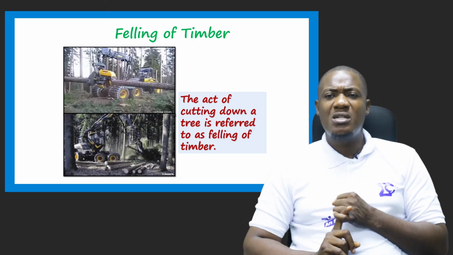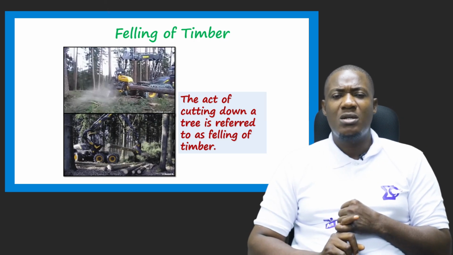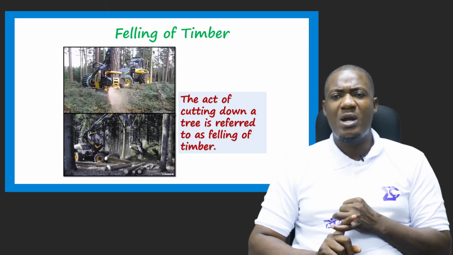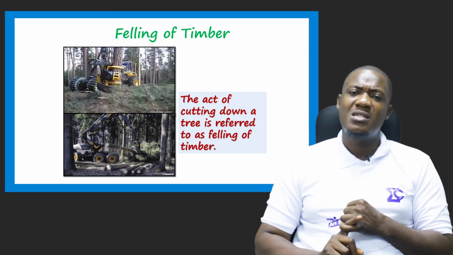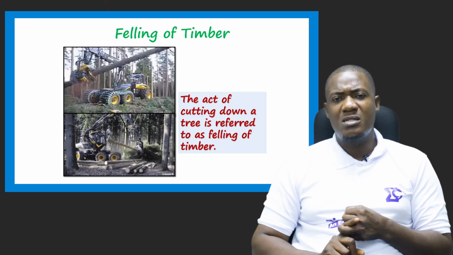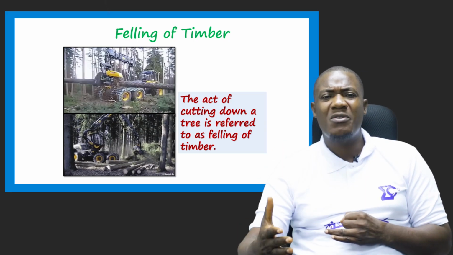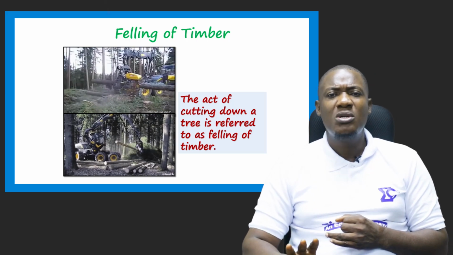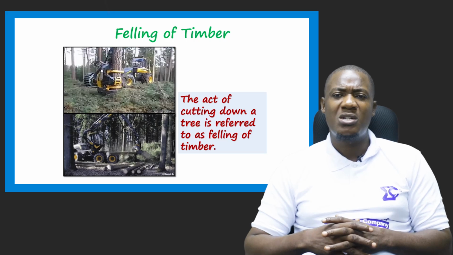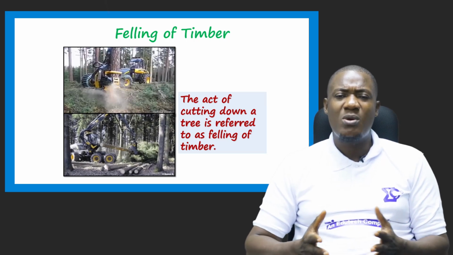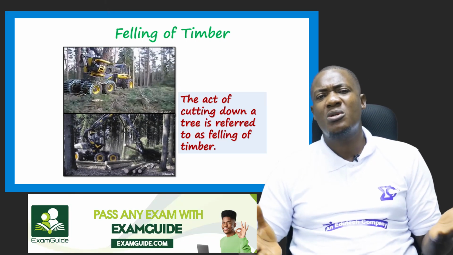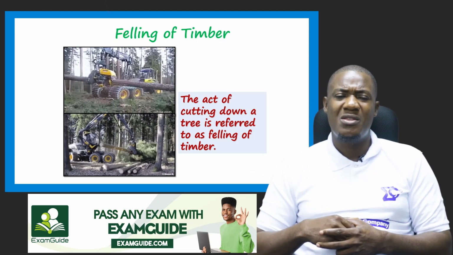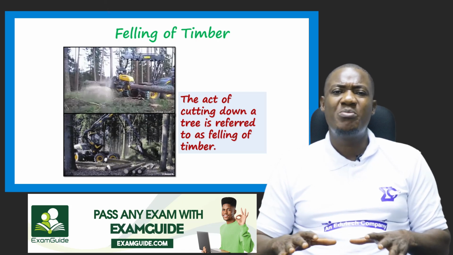Secondly, you have to consider the season of the year. In Nigeria, to be precise, we have two seasons. We have the dry season and the rainy season. If you want to enter the forest to fell trees, it is advisable that you do that during the dry season, because during the rainy season, other shrubs, other grasses, elephant grasses must have grown around there, and the land is a little bit weak.